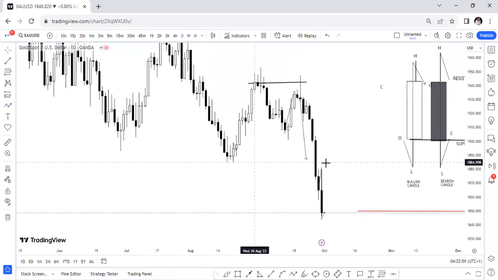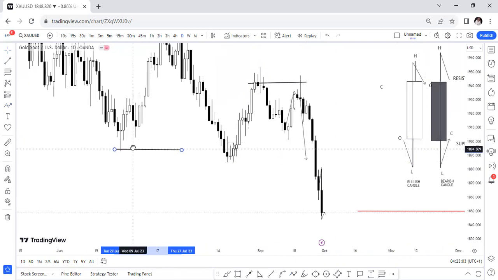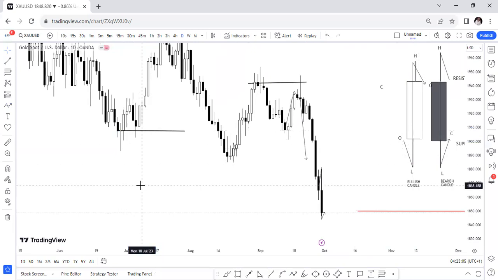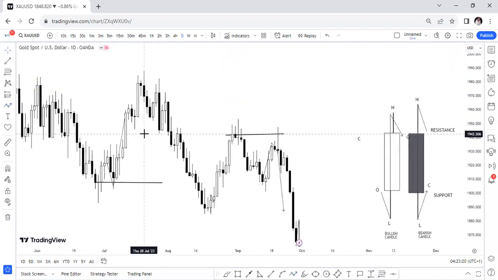So for the support level, what price does is take off the support by using the wick. This is the wick. By using this wick, it trades off the support level, then it will start going to the opposite for the distribution of profit. So you must understand that.